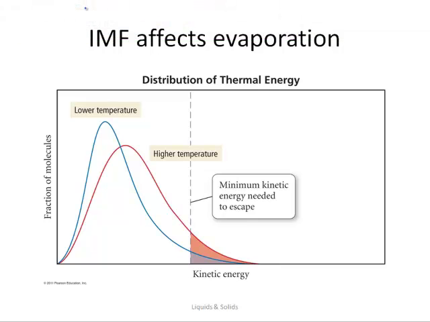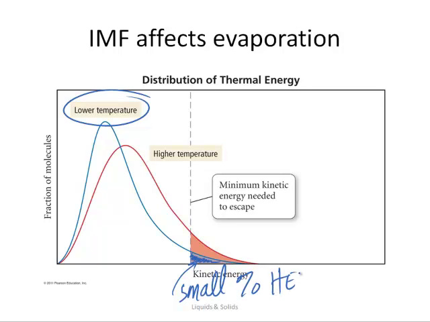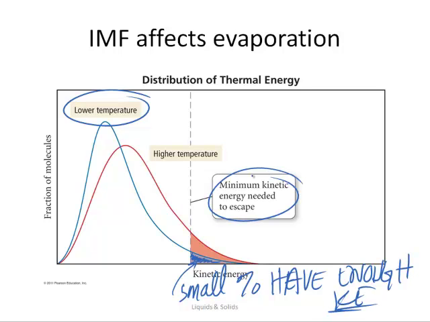So it turns out that just at room temperature, let's call lower temperature room temperature, a small percentage of molecules have enough kinetic energy to overcome the energy needed to break the intermolecular forces.